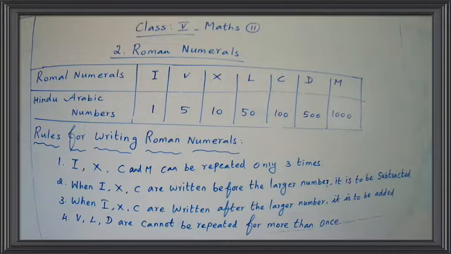And third one: when I, X, C are written after the larger number, it is to be added. And fourth one: V, L, D cannot be repeated more than once. 4 rules are there, very, very important rules for writing Roman numerals.